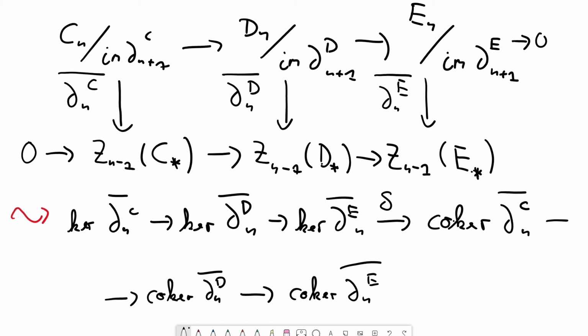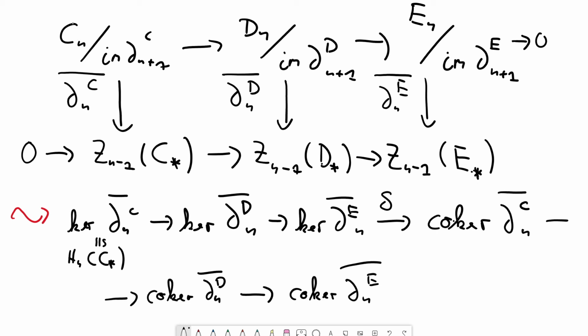Now the kernel of d_n^C bar, I claim this is just, well, it's almost philosophical if I write isomorphic or if I write equal. This is just the nth homology of the chain complex C. So why is that true? Well, what is an element in C_n, in this quotient, which maps by d_n^C bar to 0?